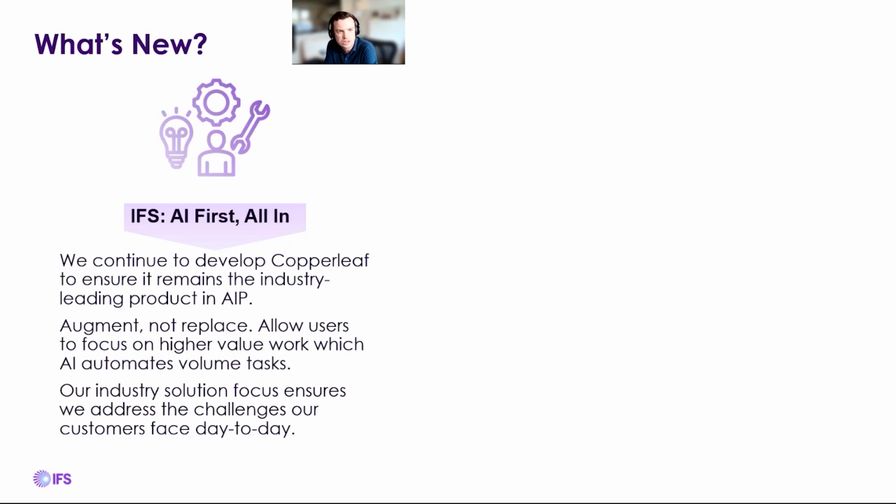This will be an augmentation and not necessarily a replacement, taking some of those potentially mundane, volume tasks and automating those to let users make the most of human intelligence to focus on that high value work.